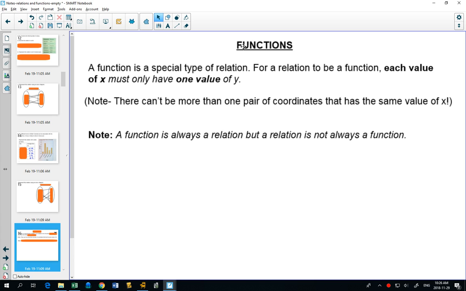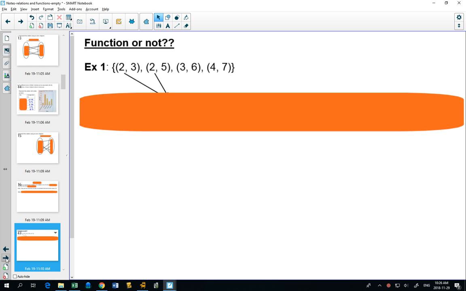Now generally in math, we're not going to be studying a lot about bananas and their colors. We're going to be dealing with more numbers, which makes sense. So here, is this a function or not? No, because we have one x value, the x value of 2, that has two different y values.